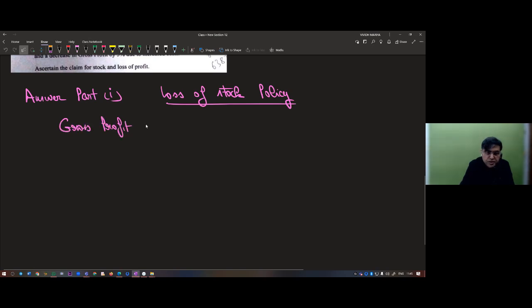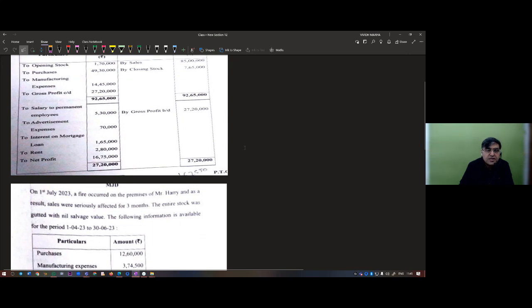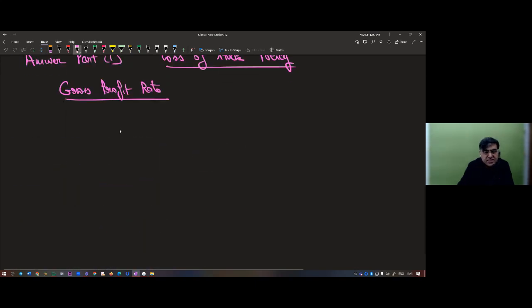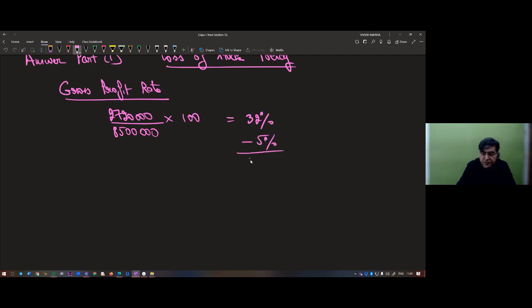Gross profit rate: 27,20 divided by 85 lakhs, 32%, 5% adjustment, 27%.